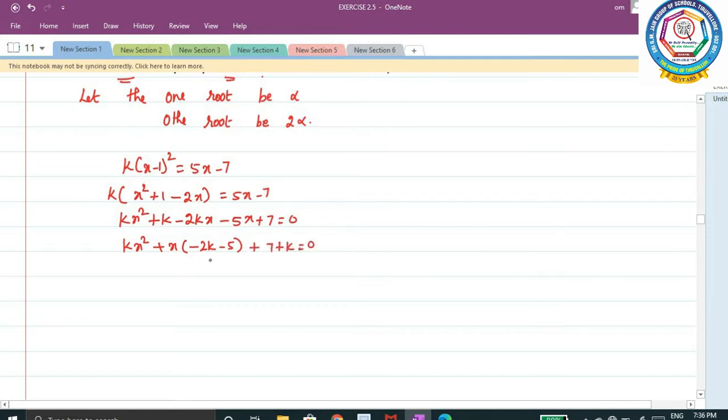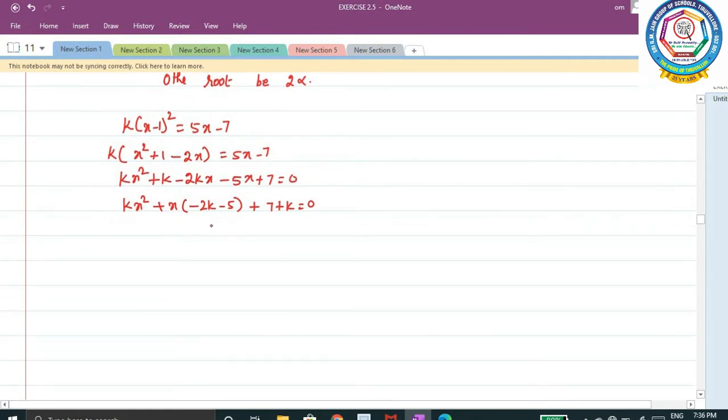From this quadratic equation, we have to find the sum of zeros and product of zeros. Sum of zeros, that is alpha plus beta, equal to minus b by a. Before you write it, a is equal to k, b is equal to minus 2k minus 5, then c is equal to 7 plus k.